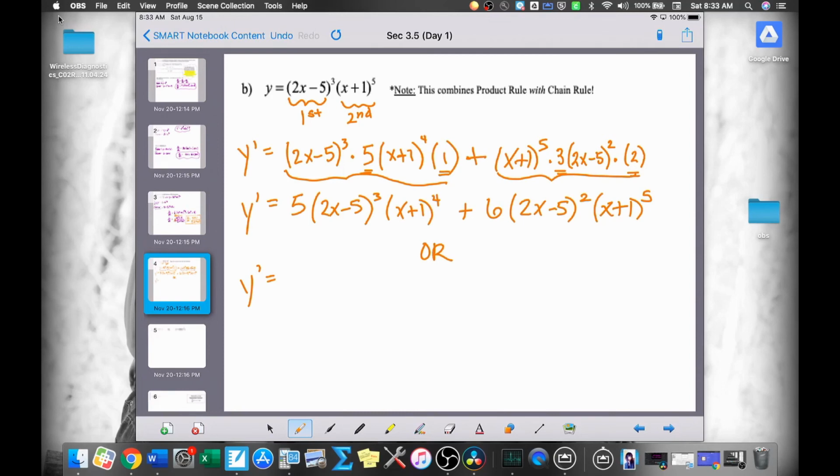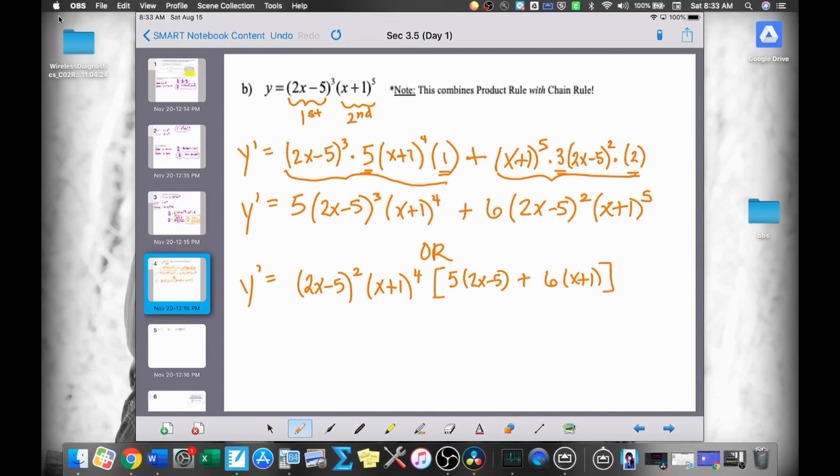But I can take two families of 2x minus 5 out, and I can take 4 families of x plus 1 out. And so then what I would have left in the first term would be 5 times 2x minus 5. And what I'd have left in the second term would be 6 times x plus 1.